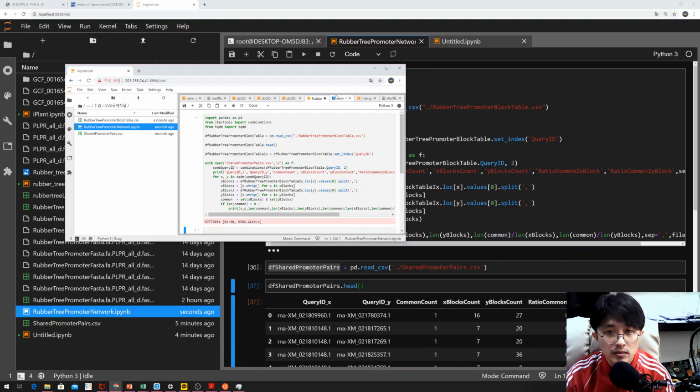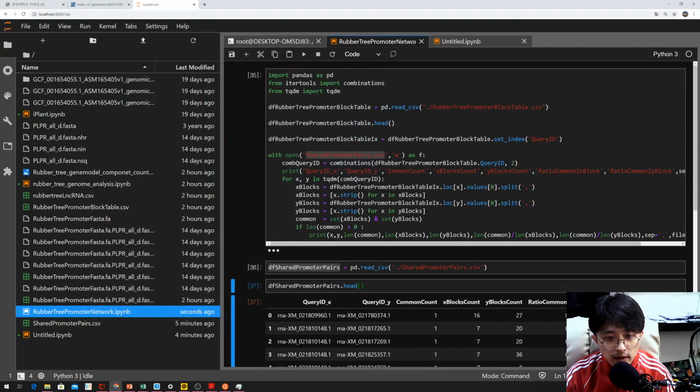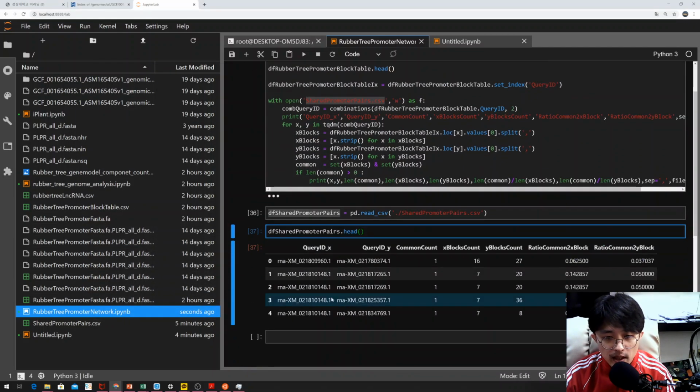So it takes a lot of time. On my laptop it was not 5,000, it was 10,000 iterations per second, because the server is slower, right? But anyway, let's take a look at the result in the middle of the analysis.